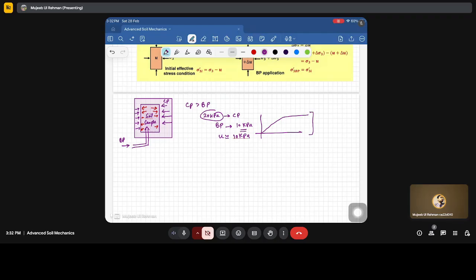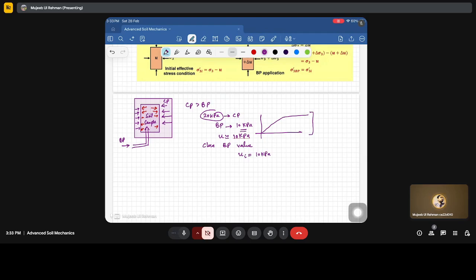Now we want to check whether at this value of back pressure the sample is saturated. So what we will do, we will close the back pressure valve, and at this point the pore water pressure, U initial, is 10 kPa. Correct?